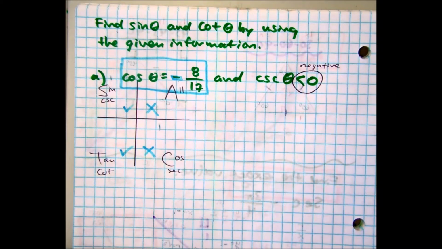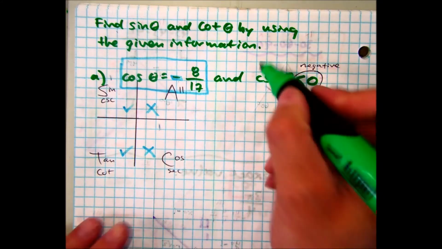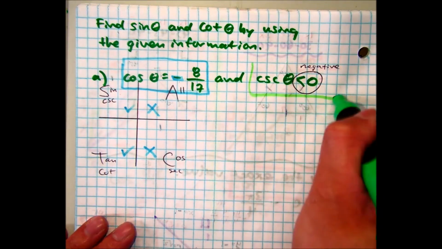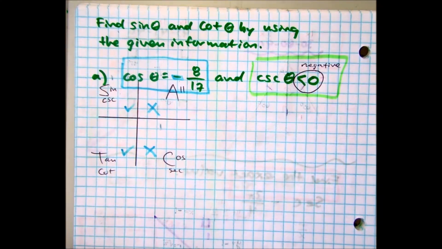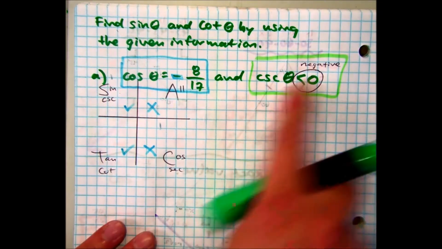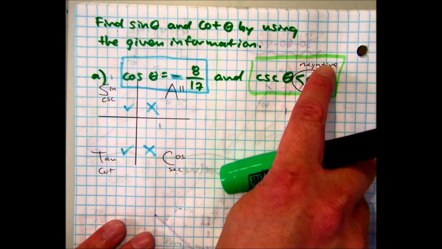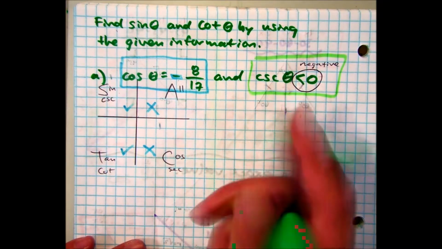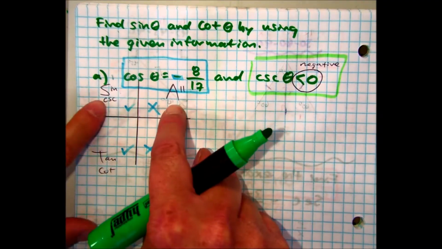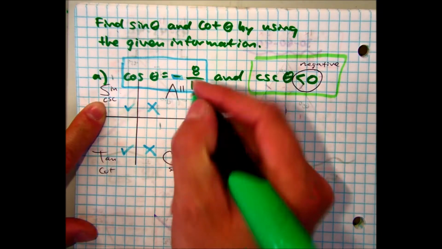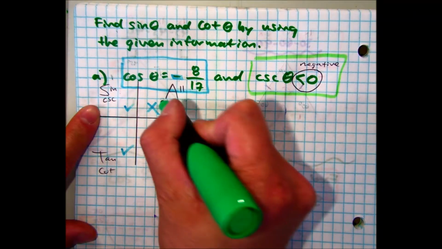Let's pick another one. Cosecant is negative. Let's think about it. I'm looking for negative, but I want to start with the positives. I know that it's positive here and here. Well, I'm not looking for positive, I'm looking for what? Negative.